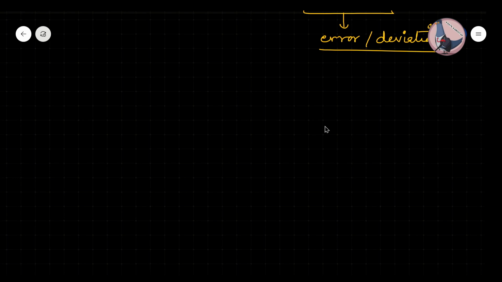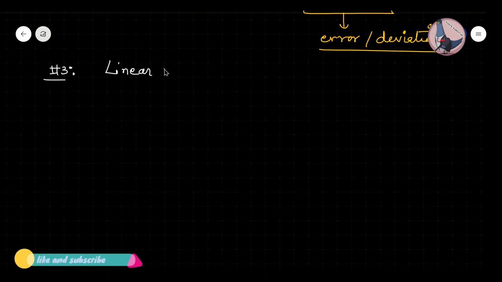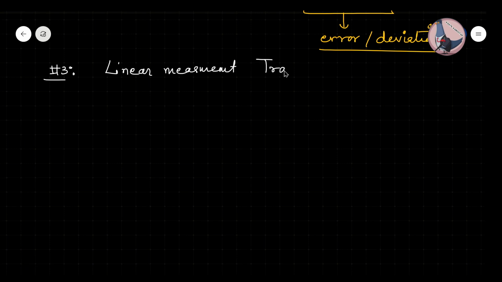So the second part, the computer system, handles these things. Then the third part is the linear measurement transducers. Its main reason for use is to give feedback.